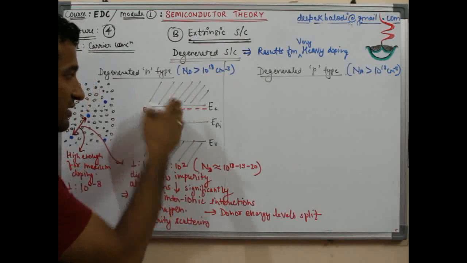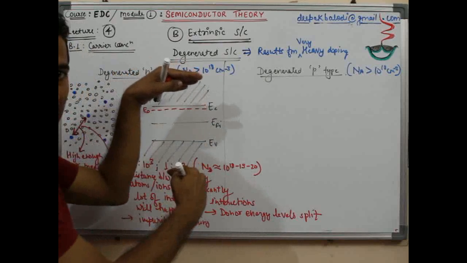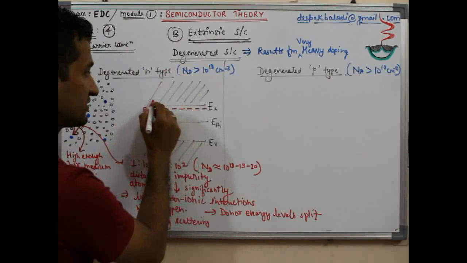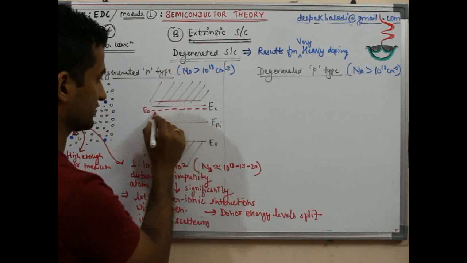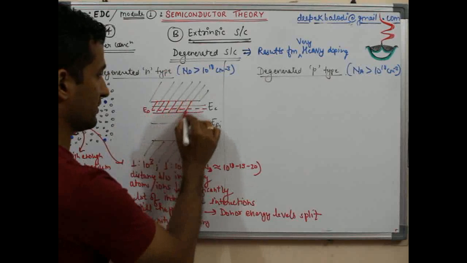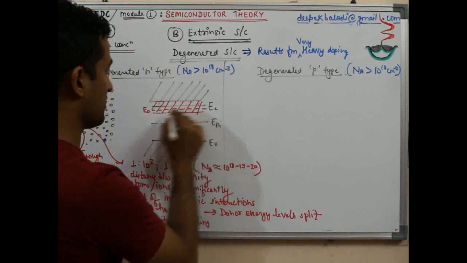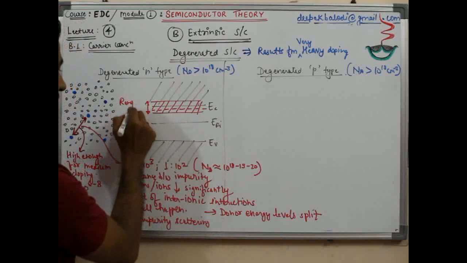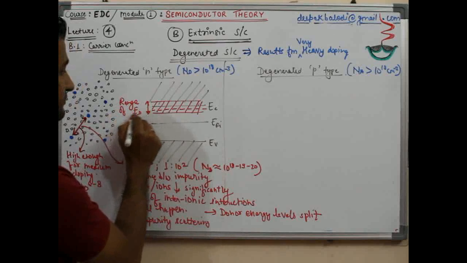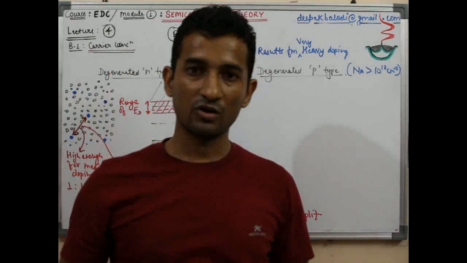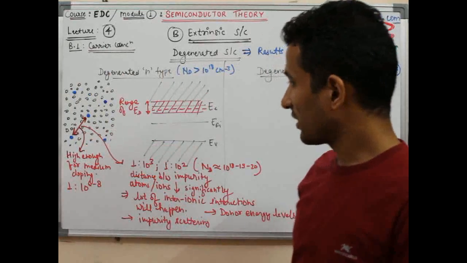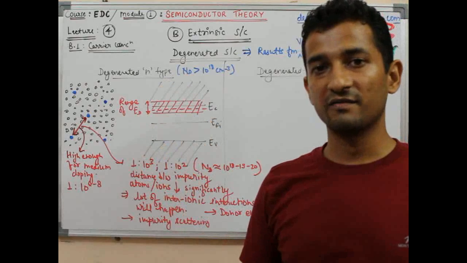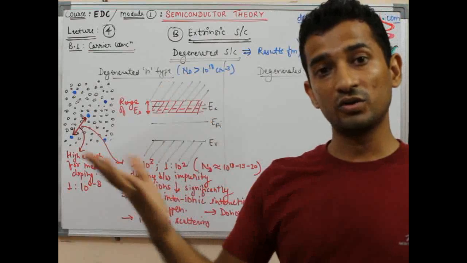But now this donor energy level splits, or it makes a band. So when it makes a band or it splits, some part of it goes inside. So this is the possible range of ED. Therefore it looks like the donor energy level is splitting, and therefore the effective or the final Fermi level enters into the conduction band.